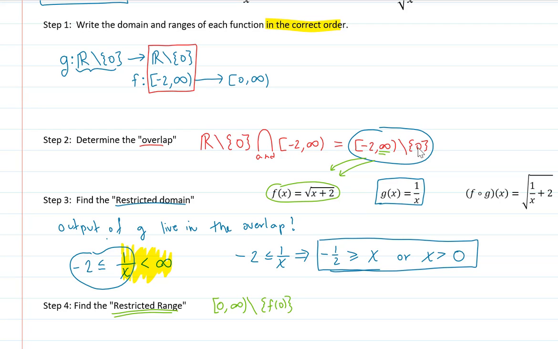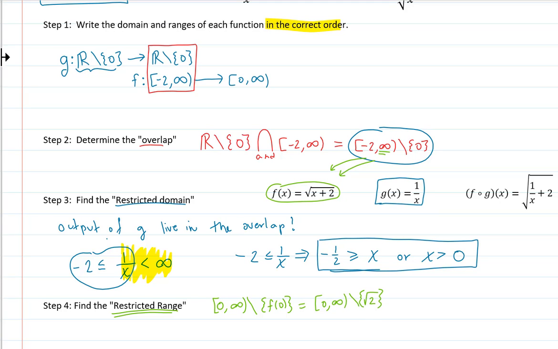Again, we're not letting the input of this function be 0, so we have to take that out of the range, that being f of 0. And well, what is that? Well, that's from 0 to infinity. Take away, well, f of 0 is the square root of 0 plus 2. That's the square root of 2.